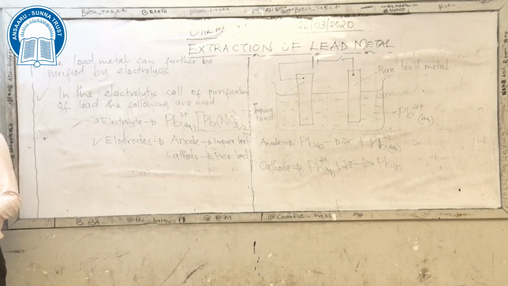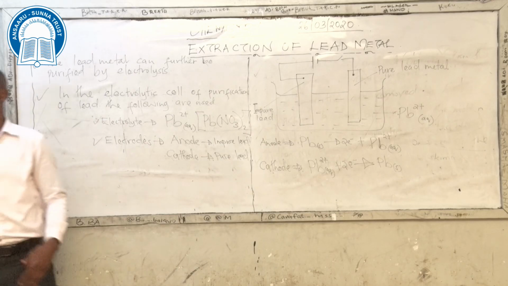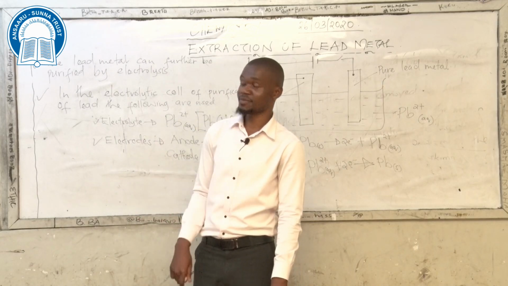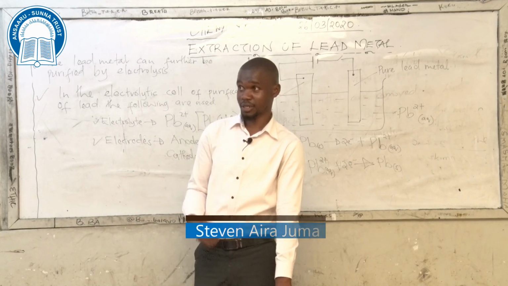A process known as froth flotation involves crushing the ore into fine powder so as to increase the surface area for concentration. The oil is meant to coat the ore and help it float on water, while the water helps sink the unwanted materials as we concentrate the ore.